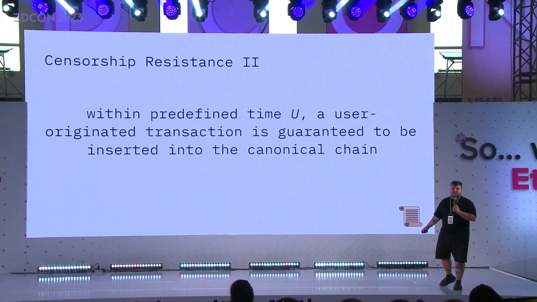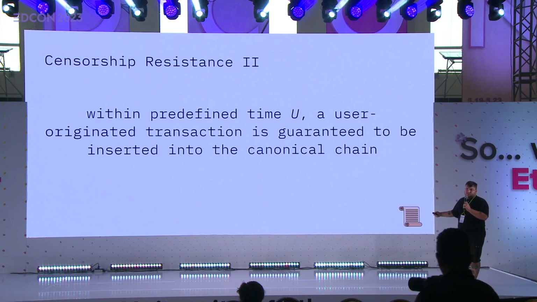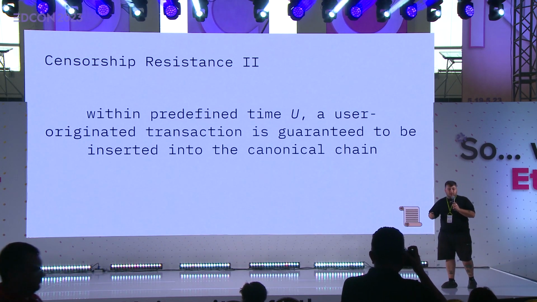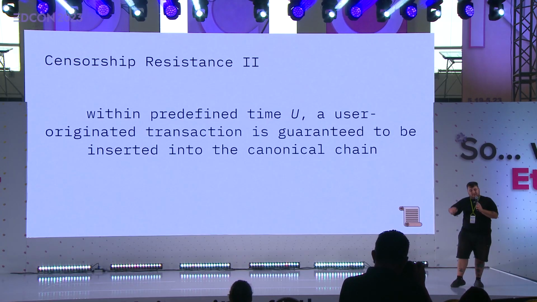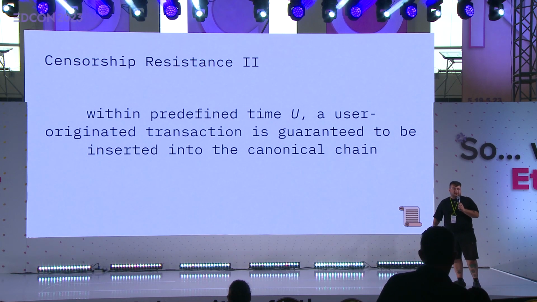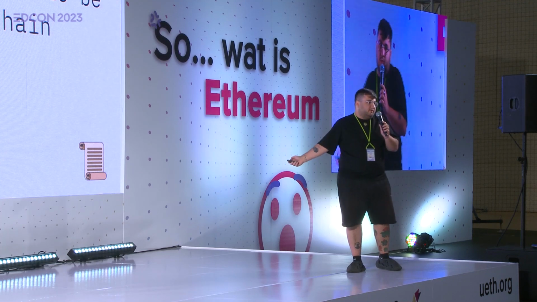But let's define censorship resistance, for the sake of this exercise, as a process within which, within some predefined period of time, the protocol guarantees that the user-generated transaction will be included. So in this case, if a user submits a transaction to an L1, the L1 guarantees that that transaction will be included within some time. Let's say 24 hours, for example.